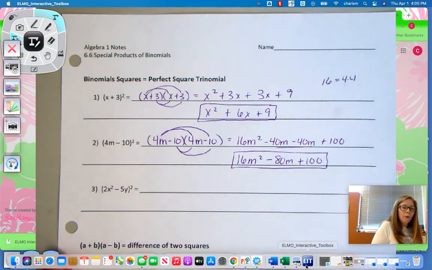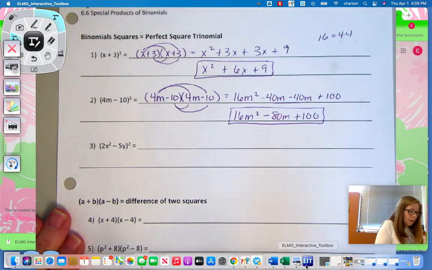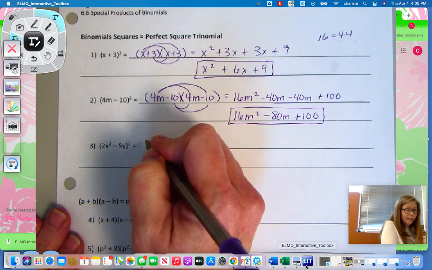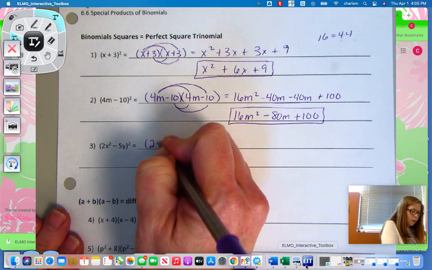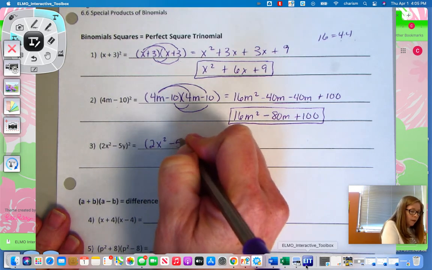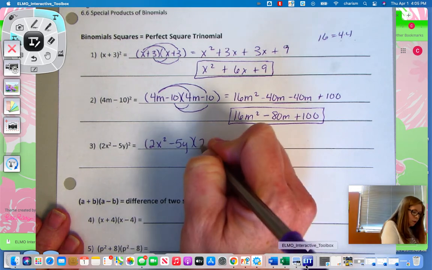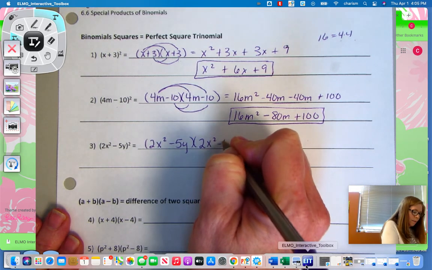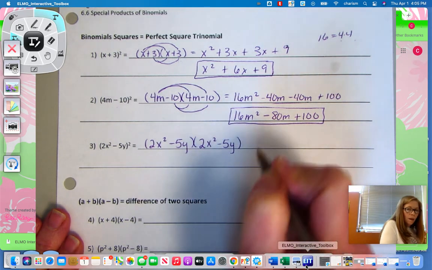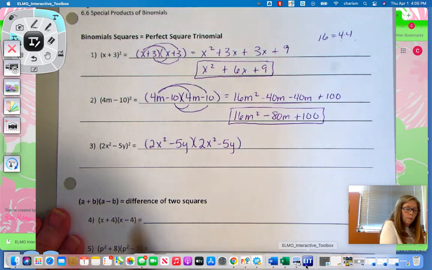All right, so number 3, we're going to rewrite this as 2x squared minus 5y times 2x squared minus 5y. And then we're going to do our distributive property.